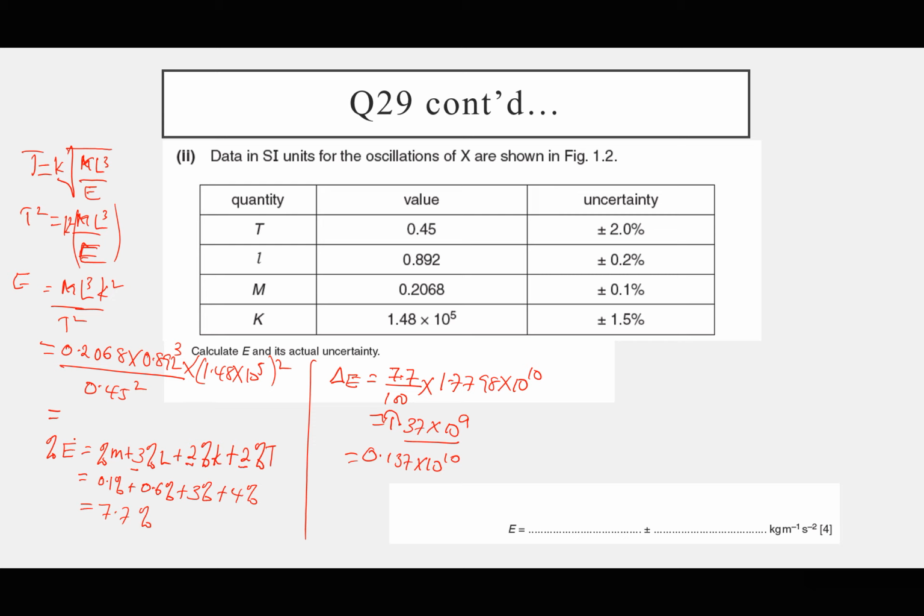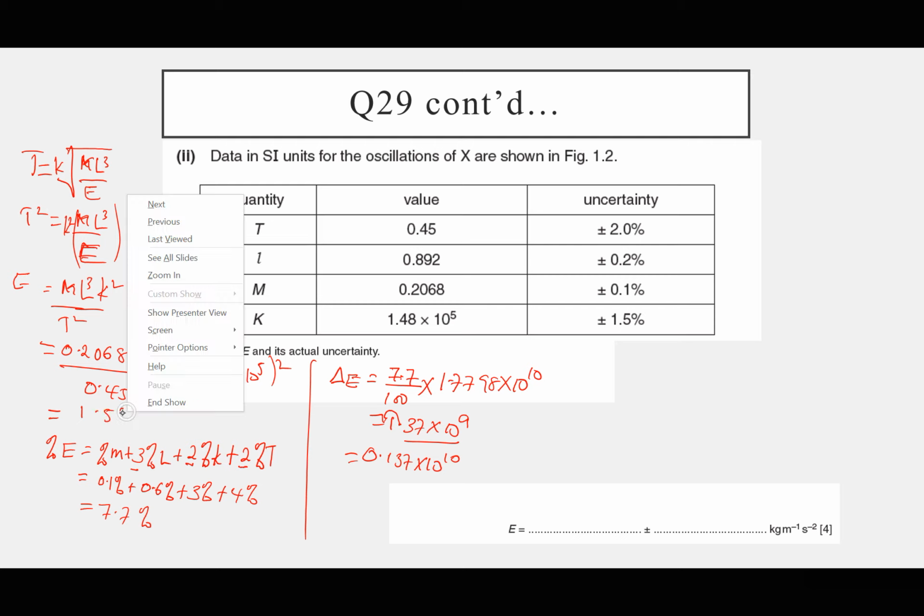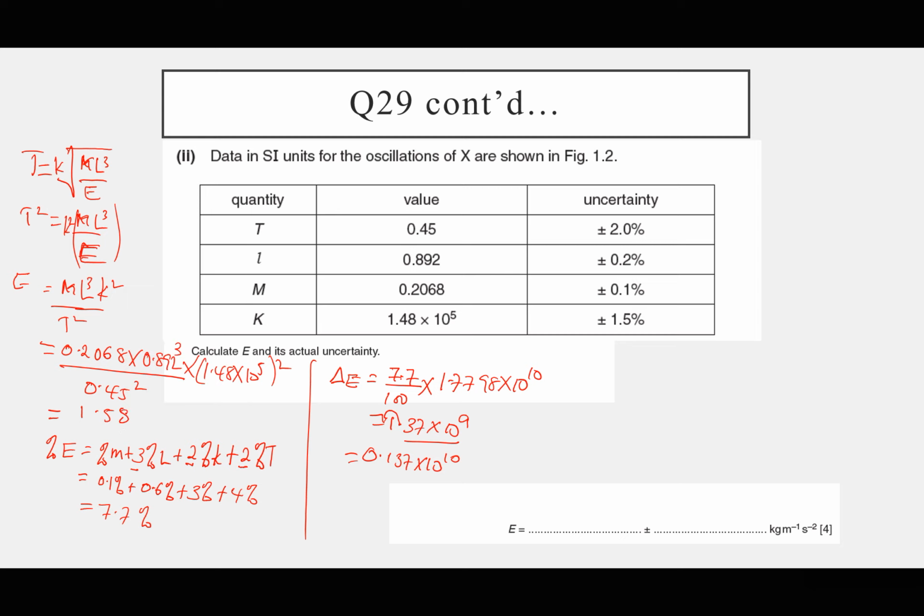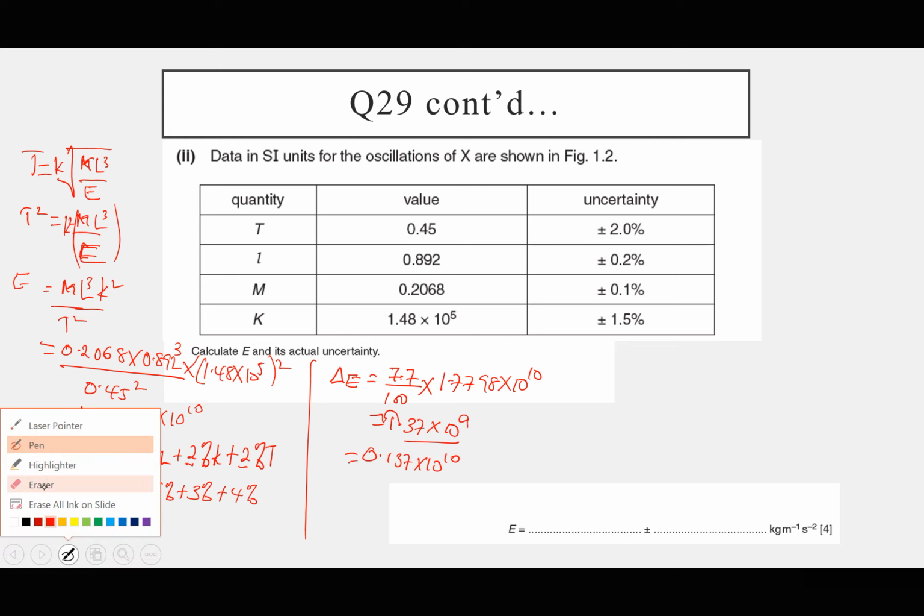So this is actually 1.58. So 1.5876 times 10 power 10. So I have to check this also to change this.